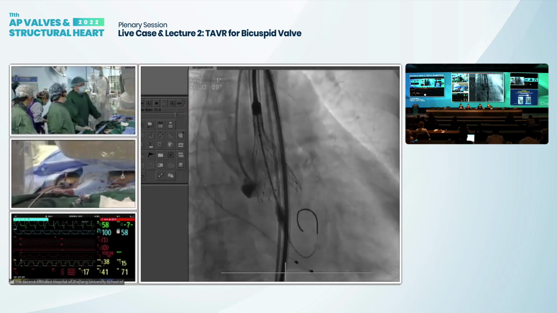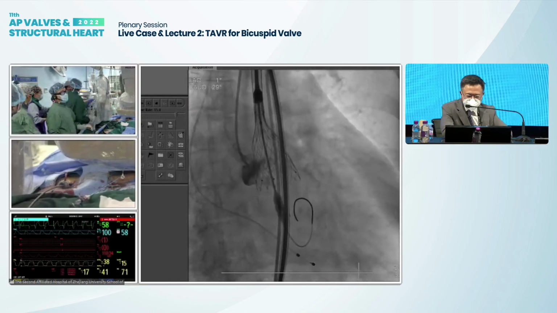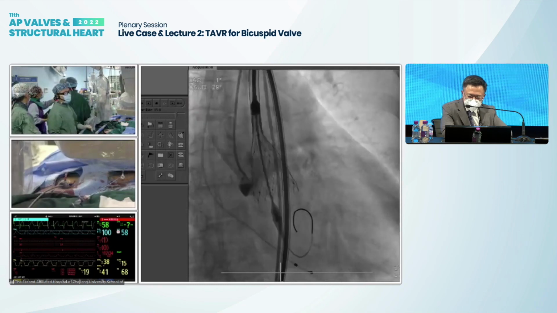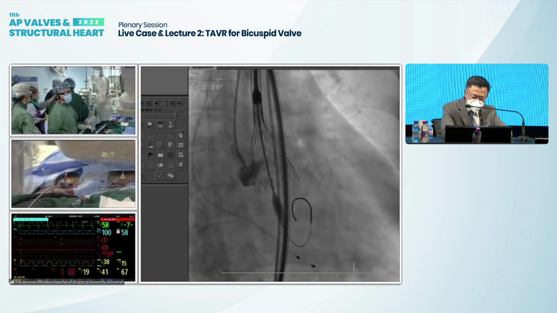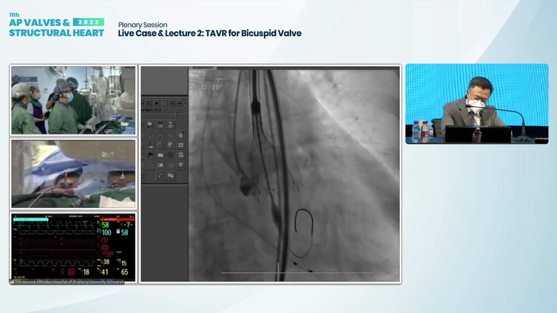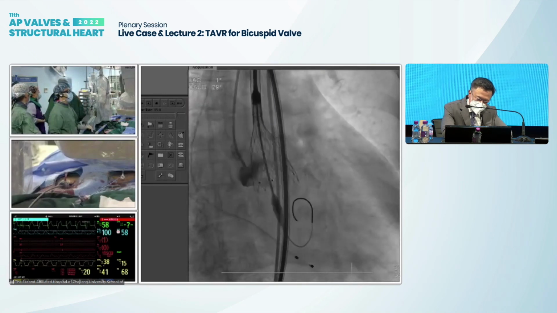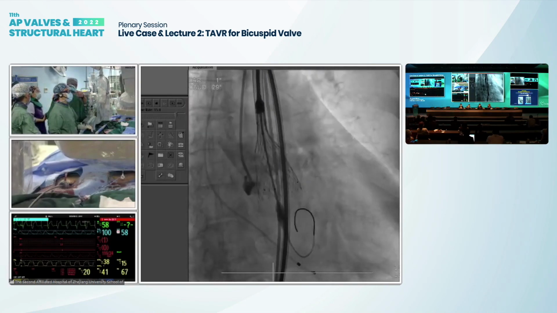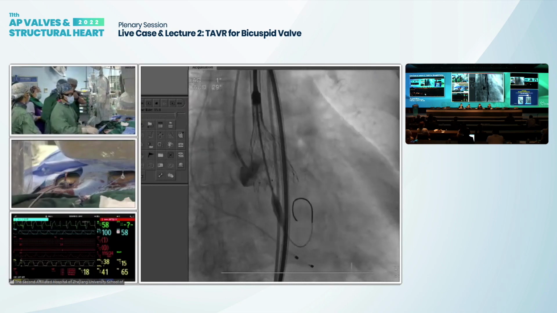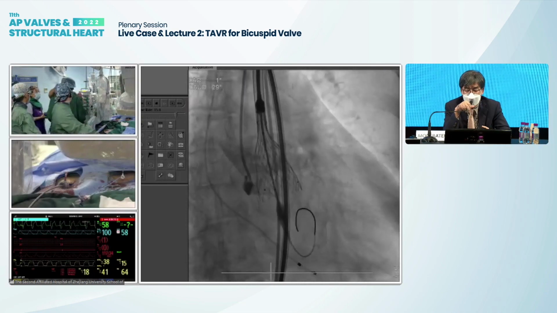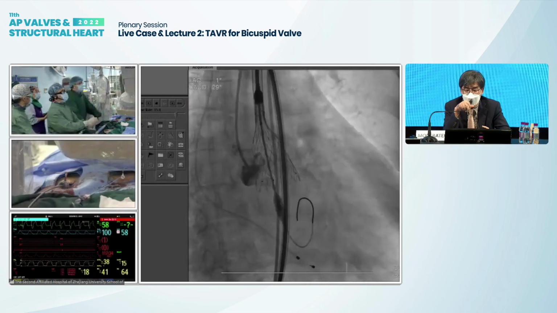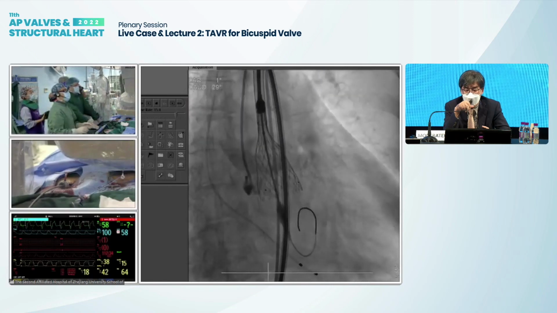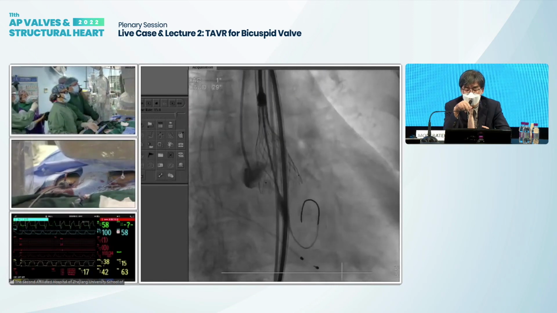So do you want to retrieve and go for higher? Is that what you want to do? So what do you think? How about the panelists' opinion? I think the current position is much better than the previous two trials, even though the depth in the left coronary cusp might be deeper.